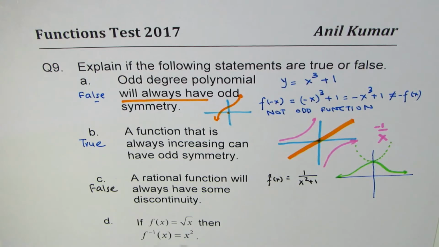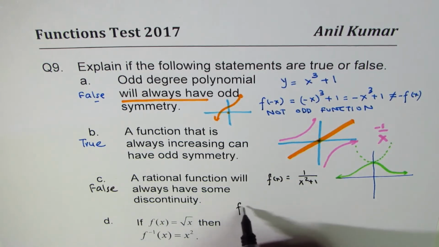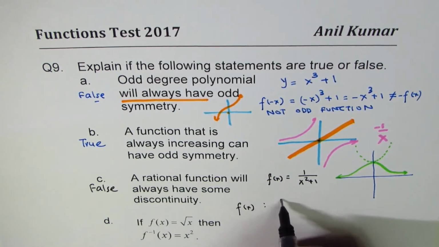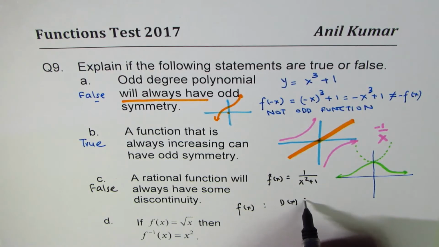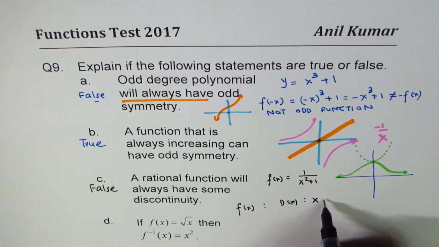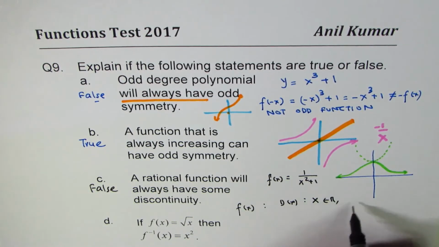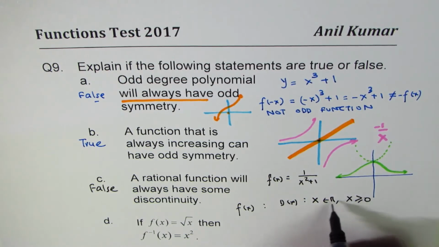Part D is, if f of x is square root of x, then f inverse x is x squared. Is it true or false? Well, let's look into domain and range of f of x. The domain of this function is x belongs to real numbers where x is greater than or equal to 0.